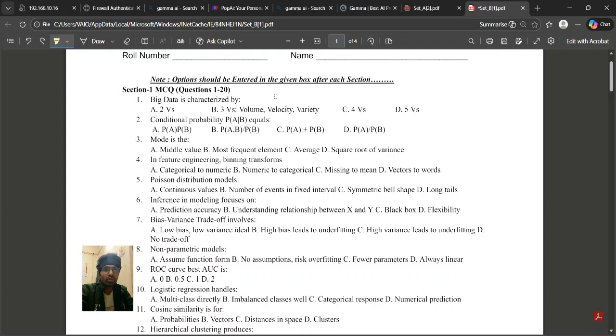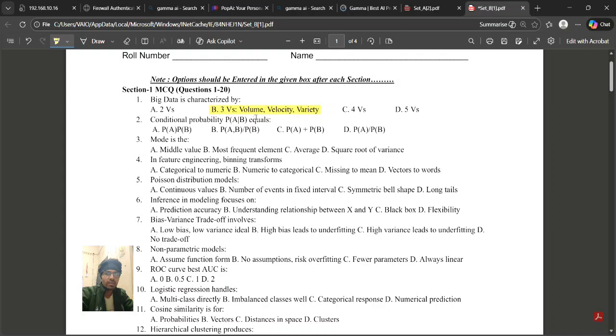Section 1, question number 1 asks about big data characteristics. The big data characteristics are the three V's. What are the three V's? Volume, velocity, and variety.